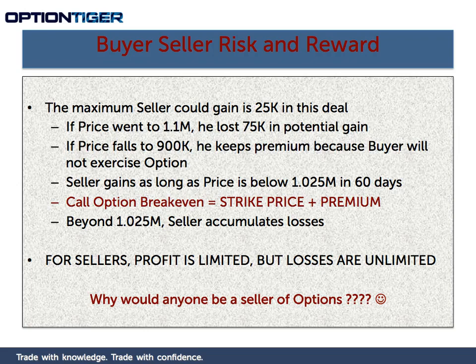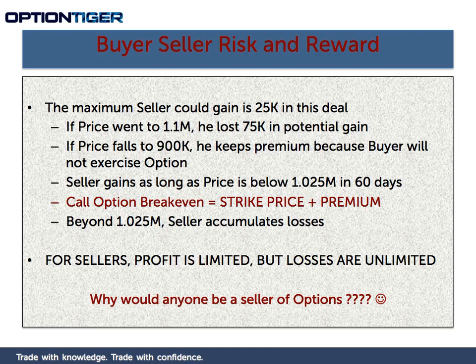So his break even was also $1,025,000, and anything above $1,025,000 was a loss for him. And if the price fell to $900,000, he gets to keep the premium of $25,000 because the buyer is obviously not going to exercise that option. And therefore, his maximum gain in this deal is $25,000. The seller gains as long as the price is below $1,025,000 on the date of expiry of this option, which is 60 days away.